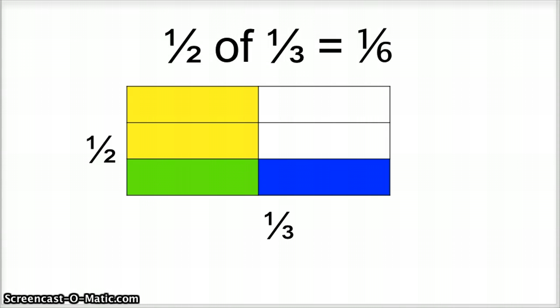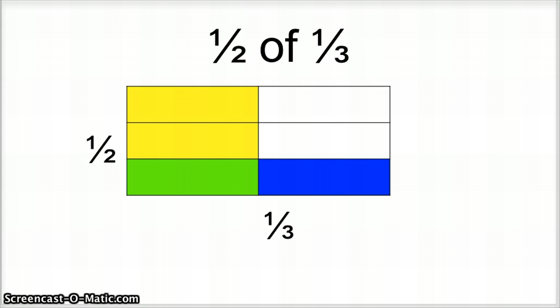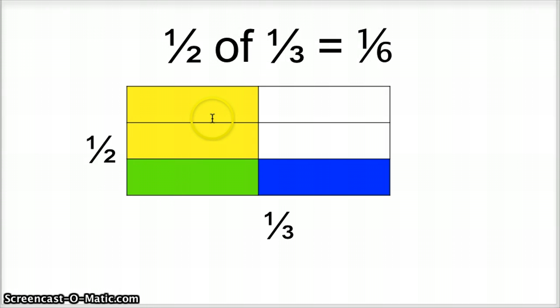So the answer: I have 6 pieces total, so that is my denominator, and I have one of them that overlaps, so my answer is 1/6. And it doesn't need to be simplified, so I can move on.